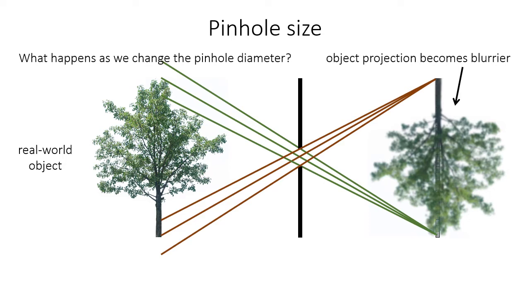Maybe I explained this in the camera imaging pipeline. So this means if we use a larger aperture, then we have this blurry result.